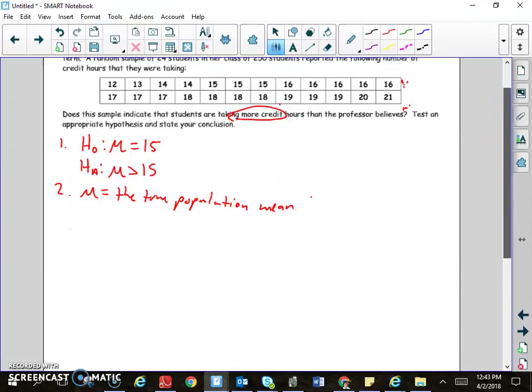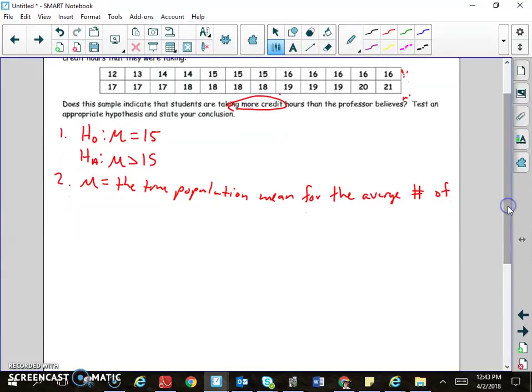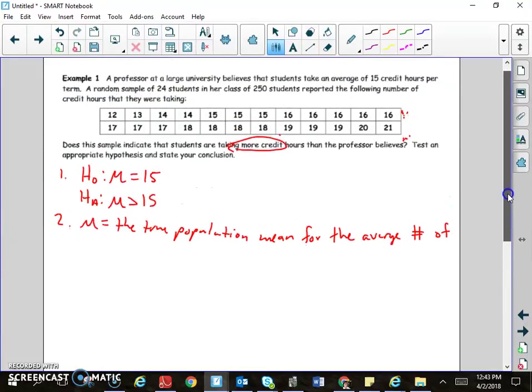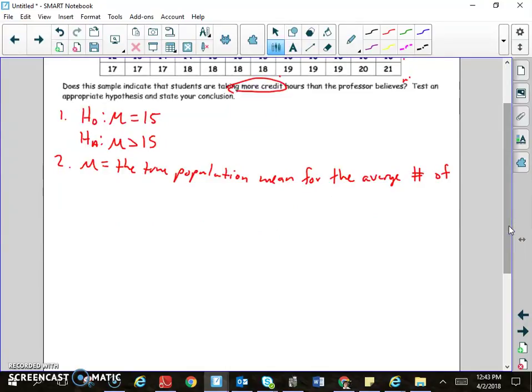So the true population mean for the average number of semester hours, or per term. So the average number of hours per term. Okay, so make sure, I think by now, because I went through your homeworks, your quizzes, and I made a lot of notes for each of your problems, I think by now you've cleaned up your work a little, like you're not missing the little details in how you write these answers out.